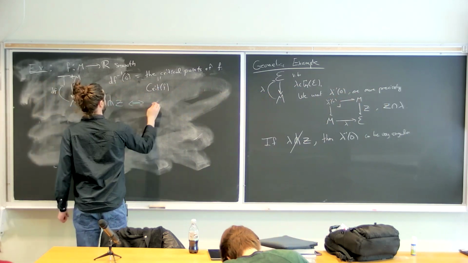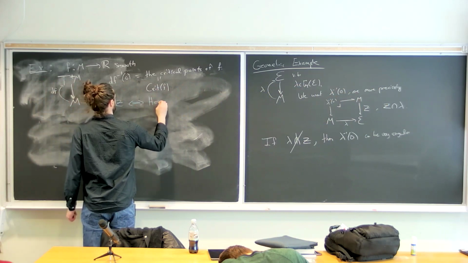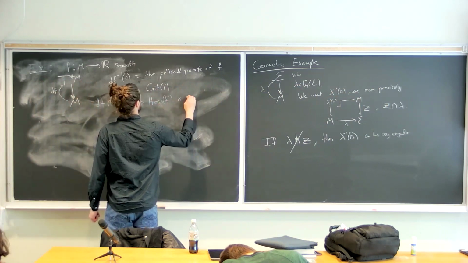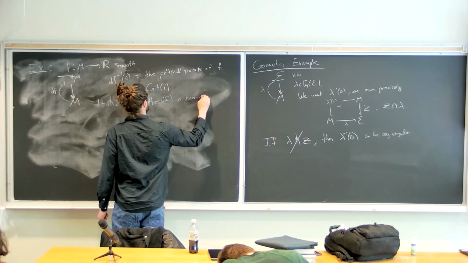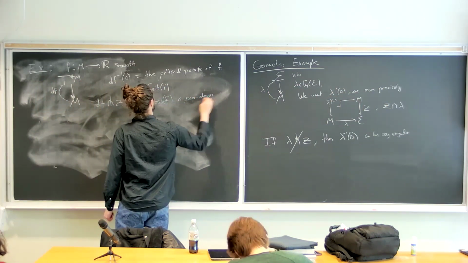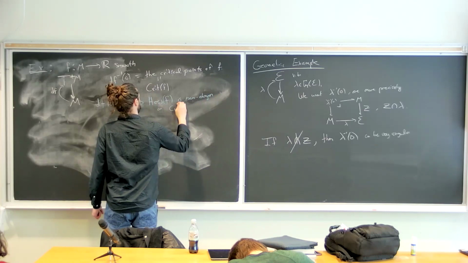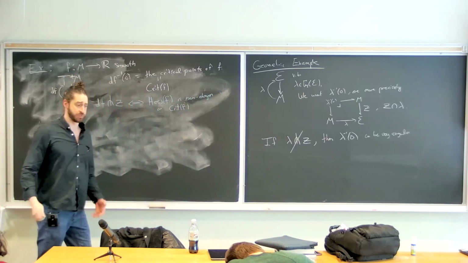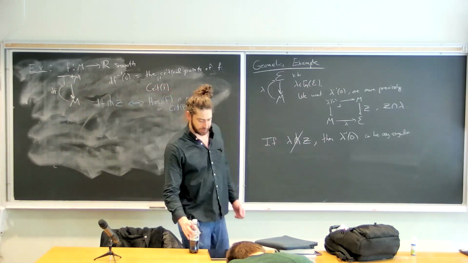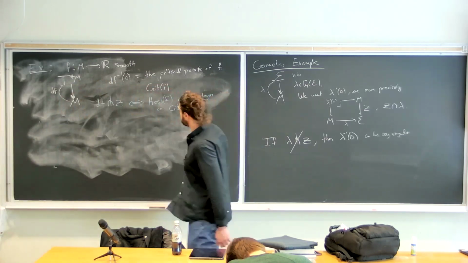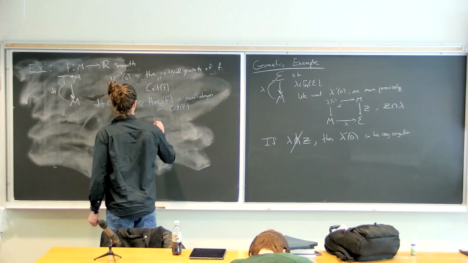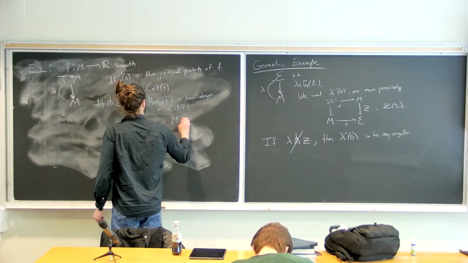This is true if and only if the Hessian of f is non-degenerate at the critical points. Okay. So this is a little exercise in geometry. And there's another name for such a function: f is, say, Morse.